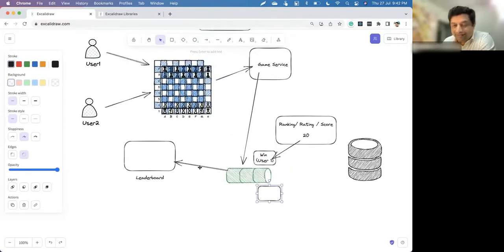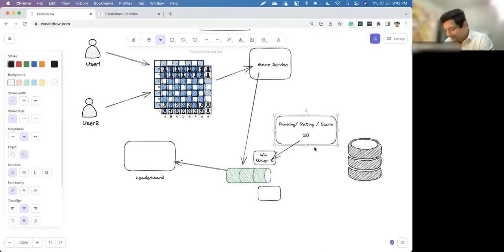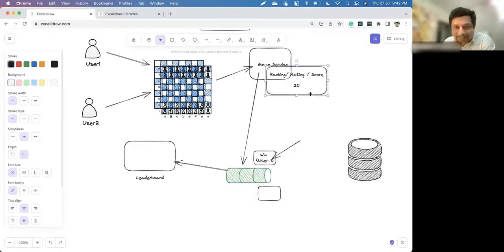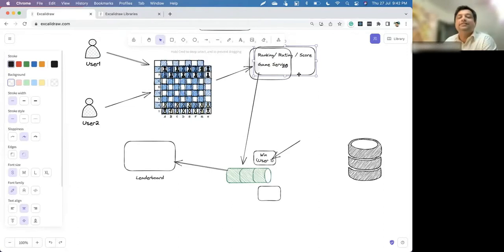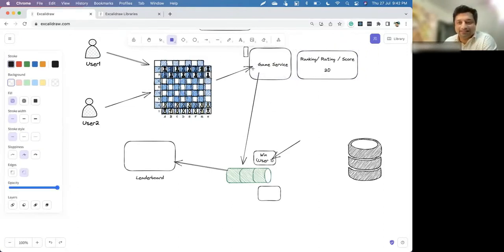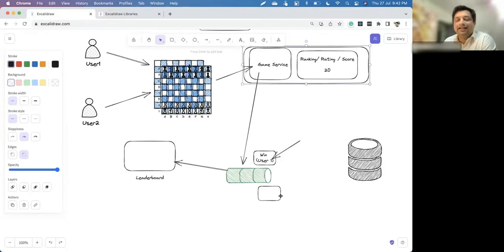Now there is another advantage of this. This is a microservice architecture, right? If I create this scoring system in this service itself, then it becomes a monolith, and then you don't have that scalability because you don't have flexibility here.